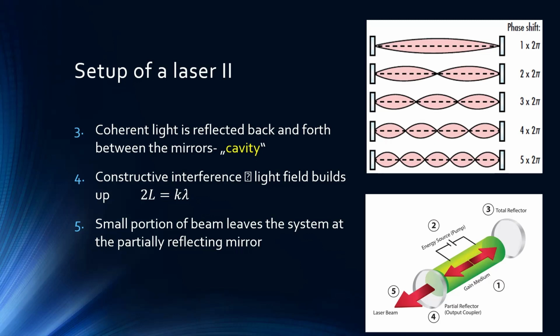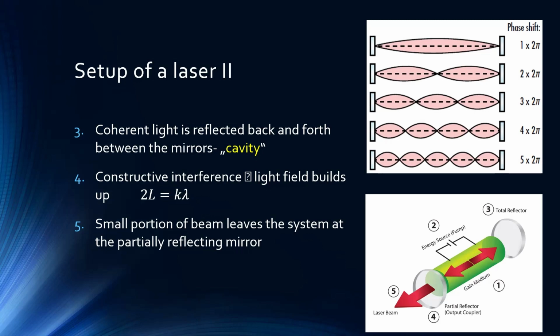So 2L, where L is the length of the gain medium, is one time a photon travels both directions, and that has to be a multiple of the wavelength in order for this to happen. I illustrated that with this picture up there.